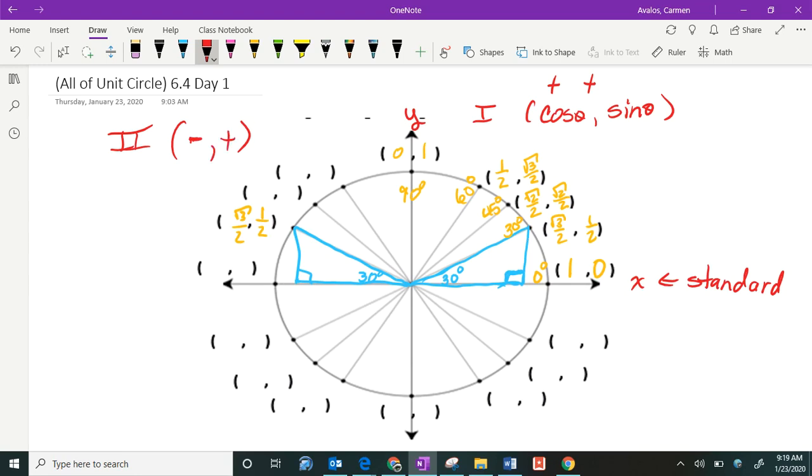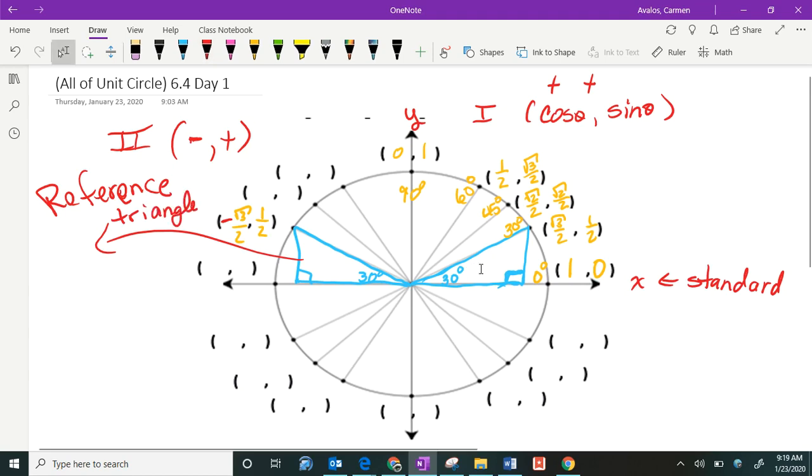The only thing that changes is that that is going to be negative and that's going to be positive, but it's exactly the same thing. These are called reference triangles, and reference angles, but mainly it's the reference triangles that we're talking about.